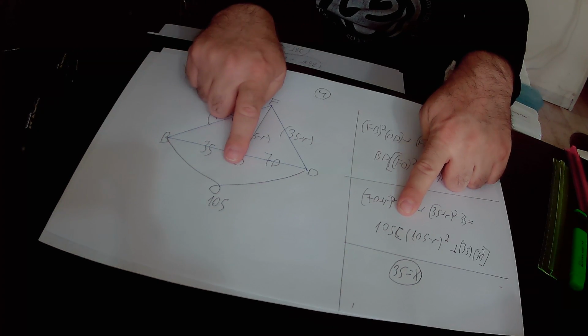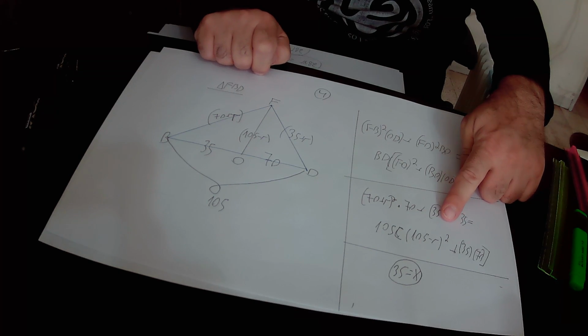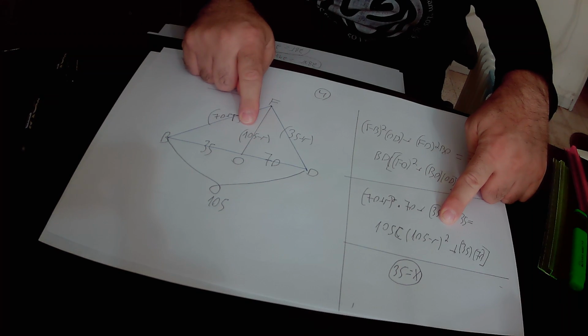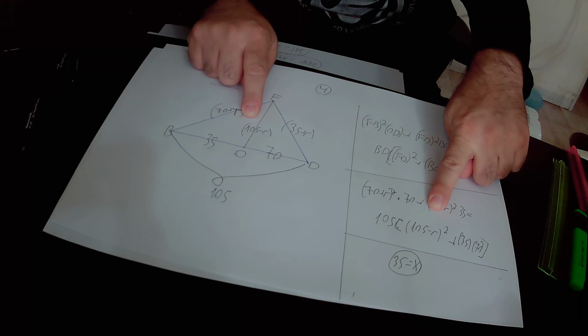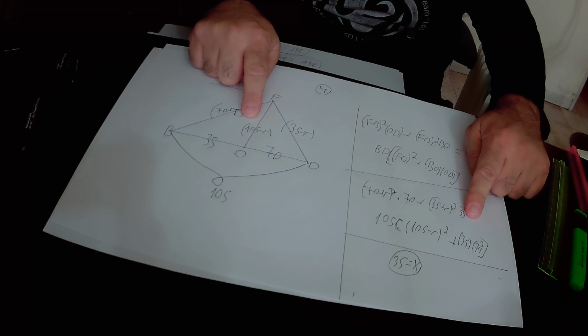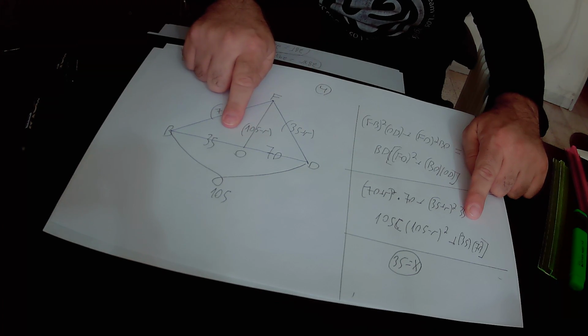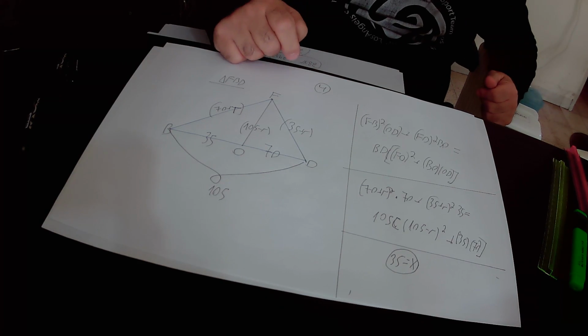BD is 105, so we substitute BD by 105. And inside the brackets we have FO square. FO equals 105 minus R, therefore FO square equals (105 minus R) square, plus BO times OD. BO is 35 and OD is 70. Okay.